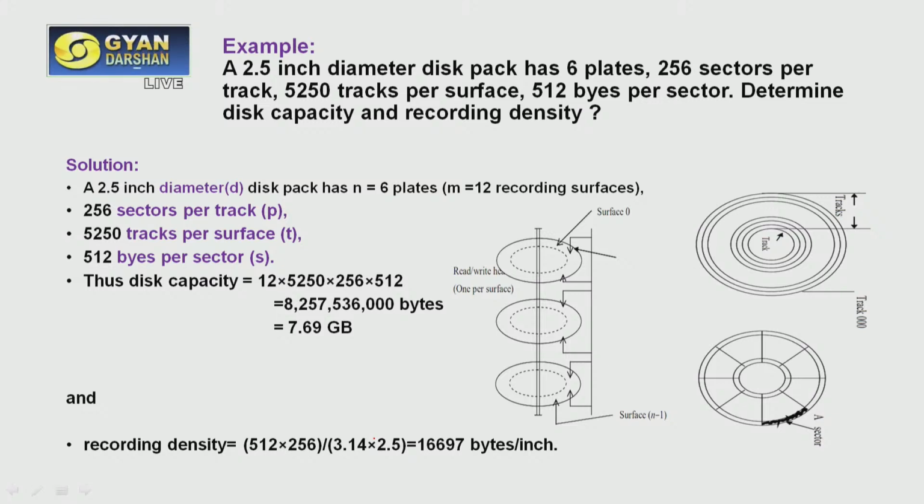So you will get 512 into 256, because 512 is bytes per sector and 256 is sectors per track, divided by 3.14 into D, where the diameter given to us is 2.5 inch. As a result, the recording density is 16697 bytes per inch. So you can understand how to calculate the recording density and how to calculate the disk capacity.